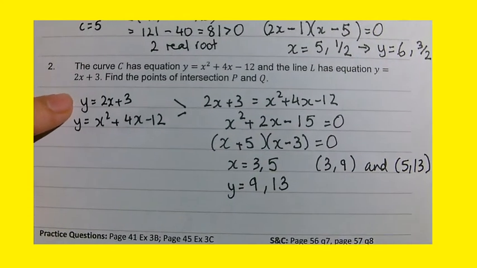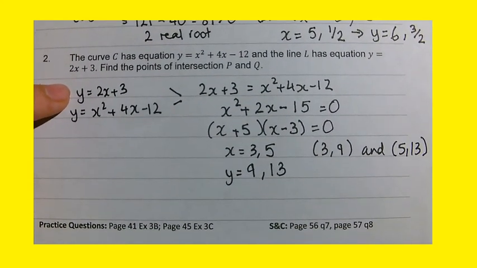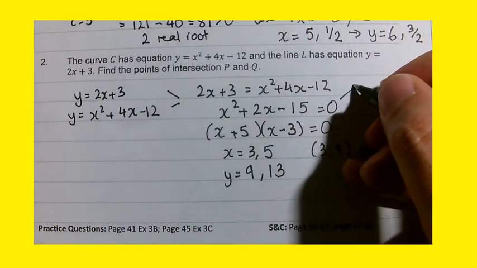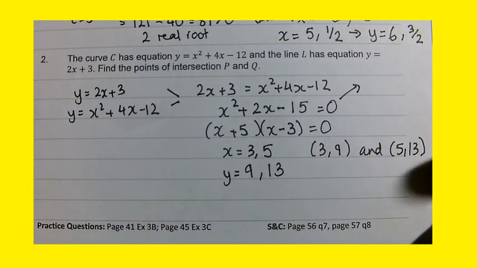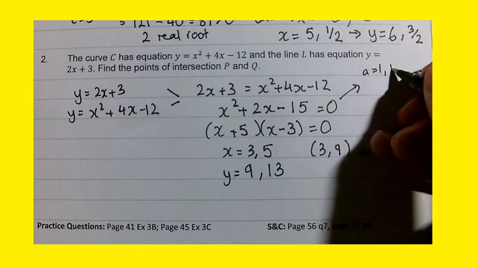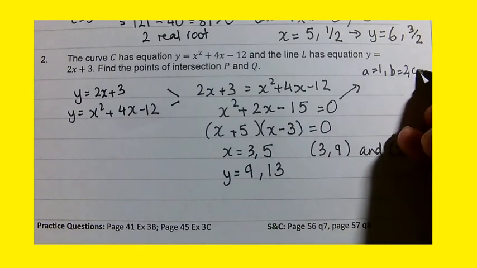Okay. Now again, that tells me that the line 2x plus 3 intersects the quadratic at two distinct points. If I apply the discriminant, does that match up with the mathematics? So a is 1, b is 2, c is minus 15.